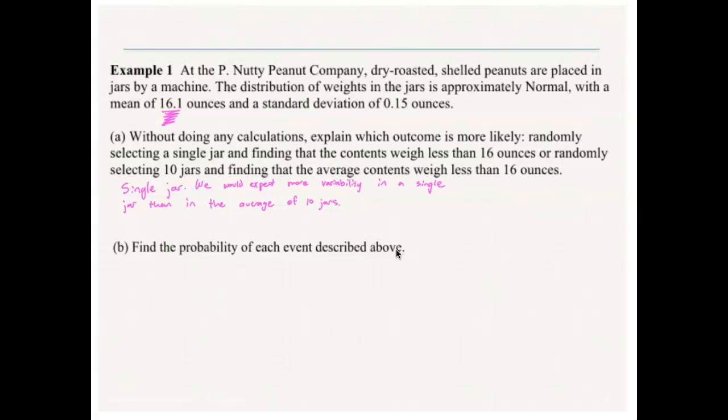All right, so find the probability of each event described above. Here's what we're going to do. I'm going to let x equal the weight of a randomly selected jar.